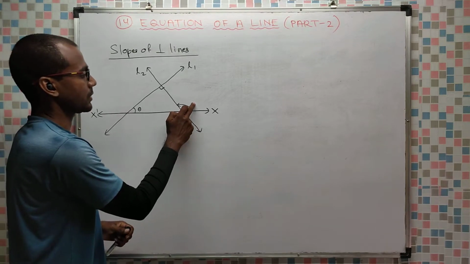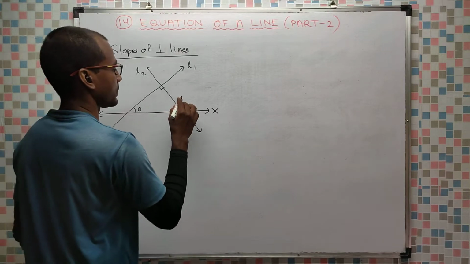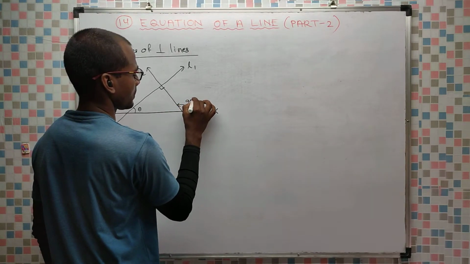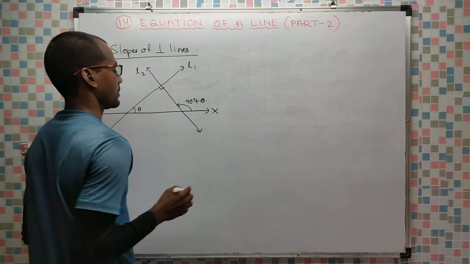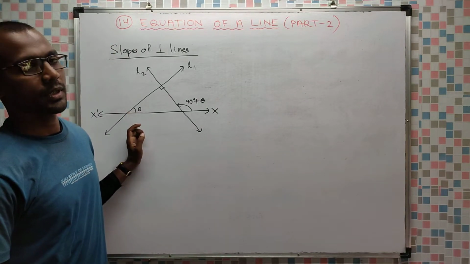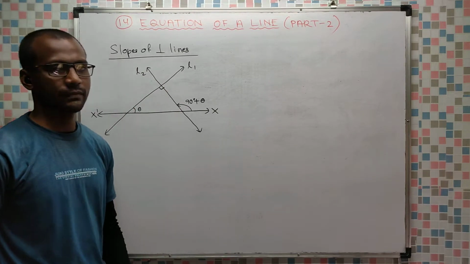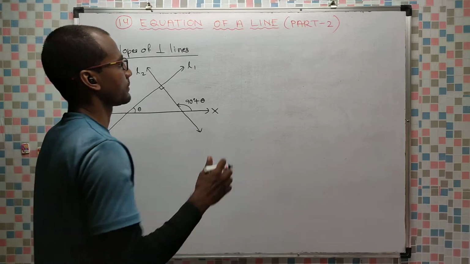This angle is equal to 90 degrees plus theta, by the exterior angle property. So the angle of inclination of line L1 is theta, and the angle of inclination of line L2 is 90 degrees plus theta. Now let us find the slopes.